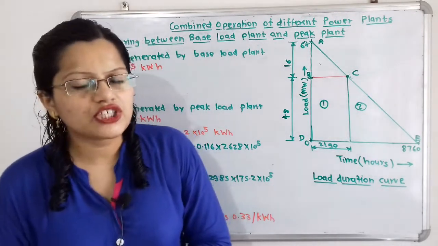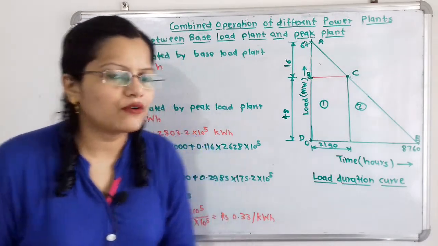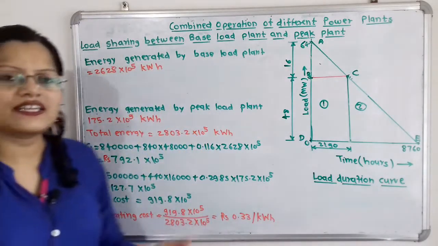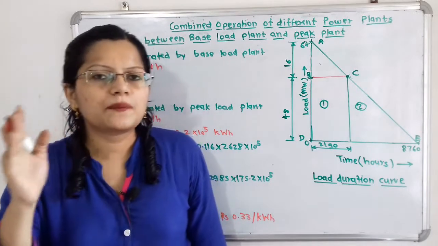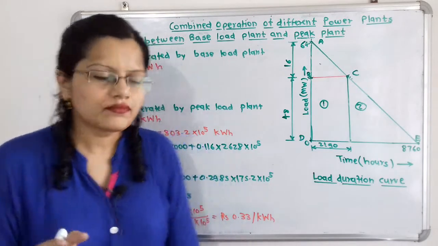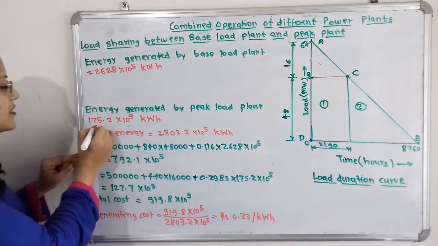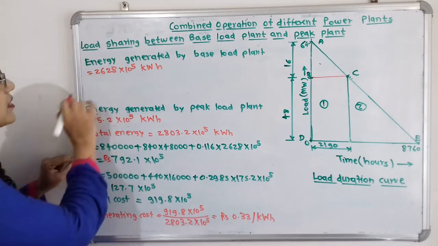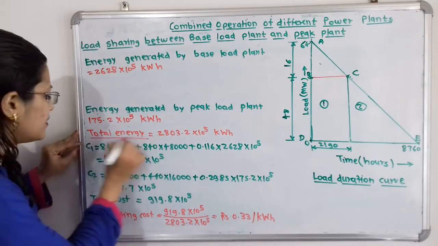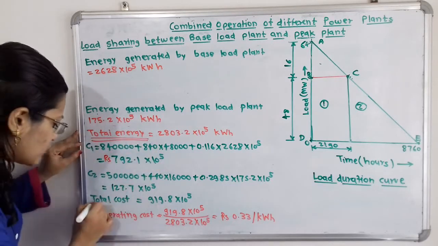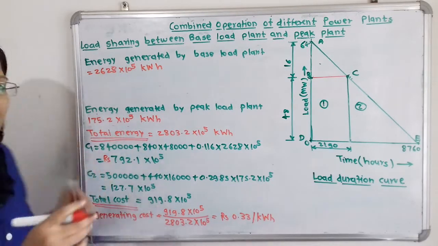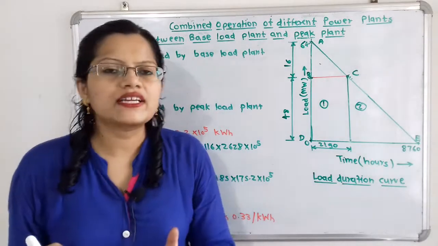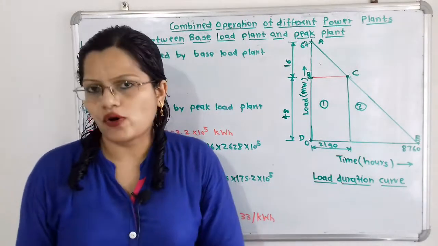Now what is the question? Question is that we have to find out what is the generating cost in rupees per kilowatt hour. So if we observe, here this is the total energy generated, and here is the total cost, and we have to find out for 1 kilowatt hour what is the cost.